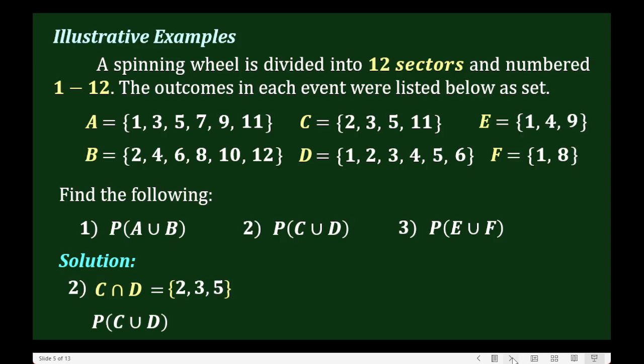Therefore, for the probability of the union of these two sets, we have P of C plus P of D minus P of their intersection.